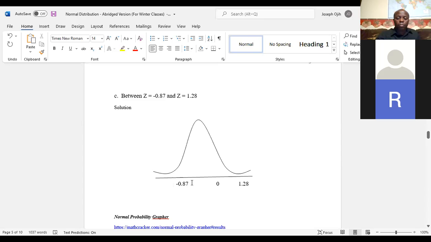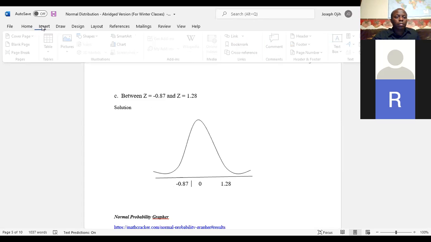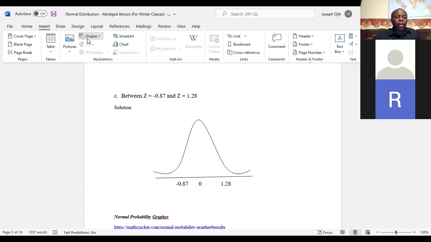Then we can insert the middle part of it.